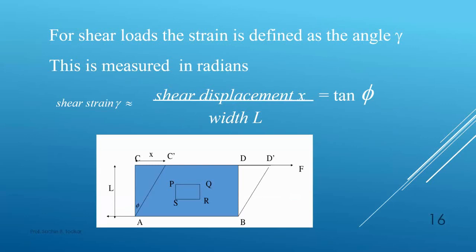It is measured by shear displacement divided by width, or the angle by which it has been deflected. If there are two forces acting on surface AB and surface CD, and C to C dash there is a displacement of X, then we can define shear strain like this. It is normally denoted by gamma and is equal to X divided by L, or we can write it as tan phi.